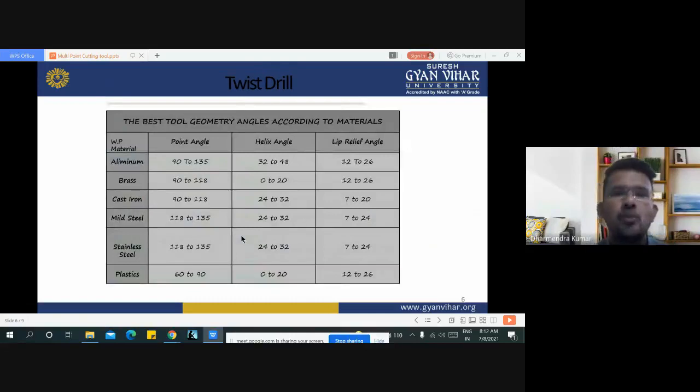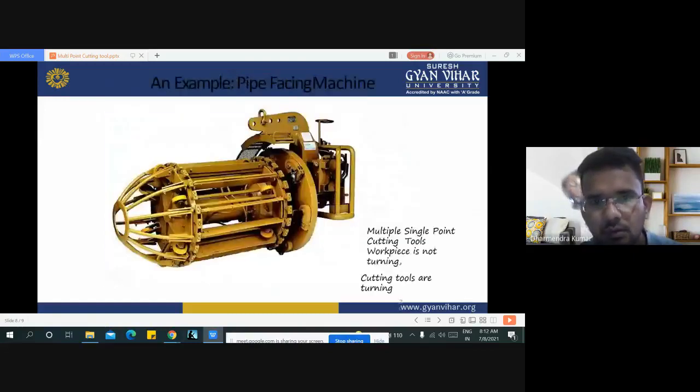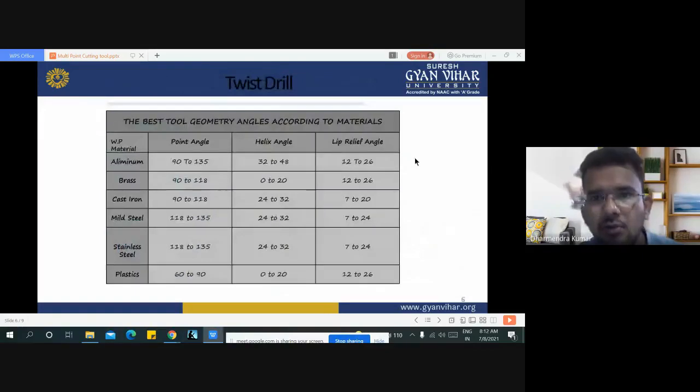The best tool geometry angle according to workpiece material. Here we are using aluminum, brass, cast iron, mild steel, stainless steel, or plastic. Point angle varies from 90 to 135, helix angle 30 to 48, lip relief angle 12 to 26.